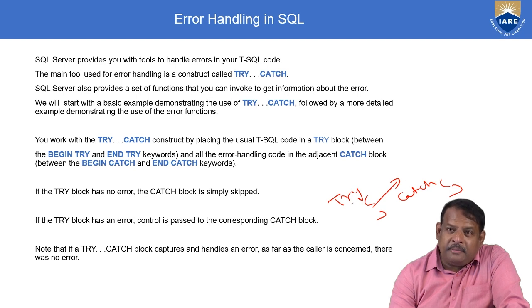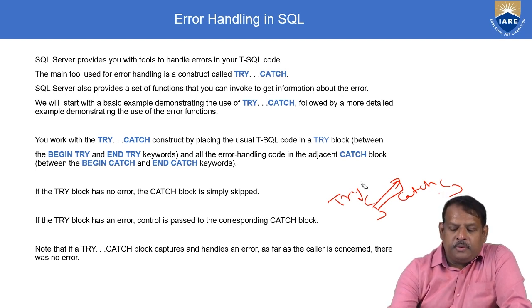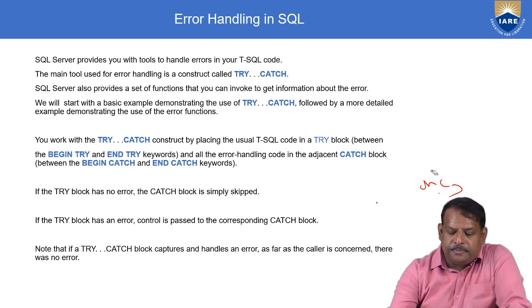In the try, you write whatever SQL statements you want. There are two blocks here, the try block and the catch block. In the try block, you write the statements you want to execute. And the catch block will handle the exception raised by the try clause.